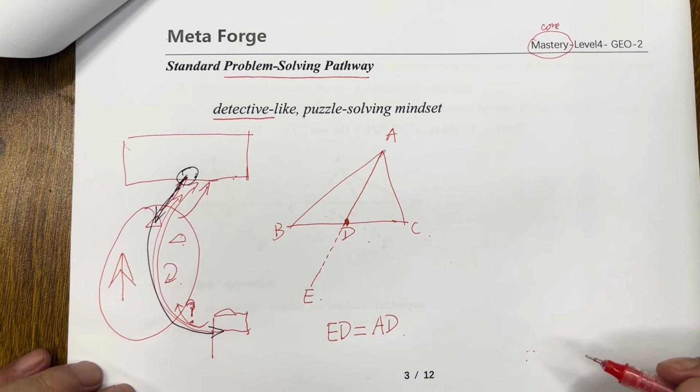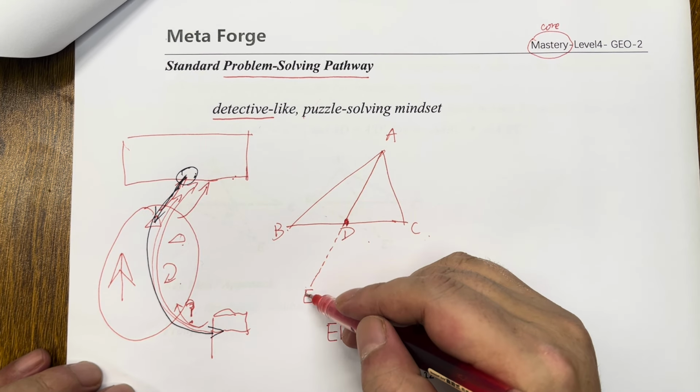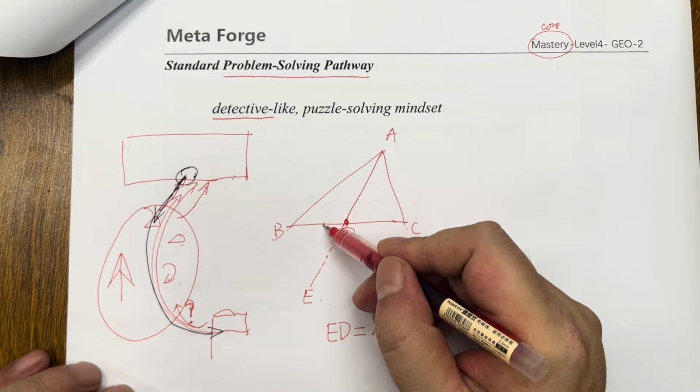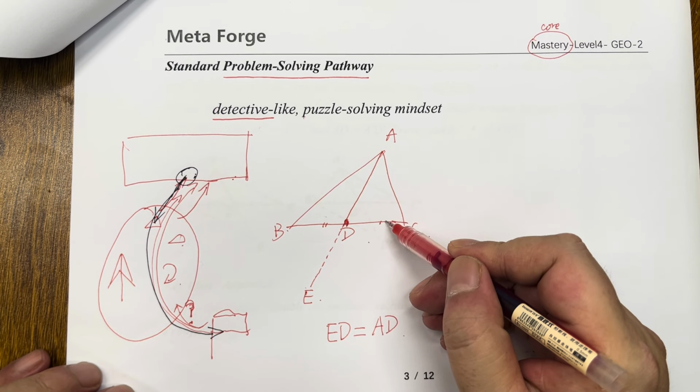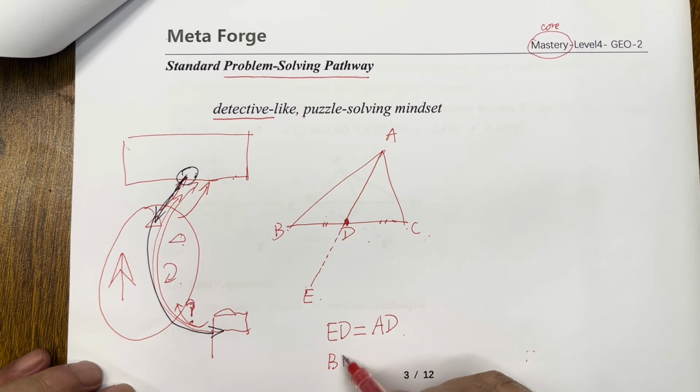Then you construct a parallelogram, ABEC, because BD equals DC.